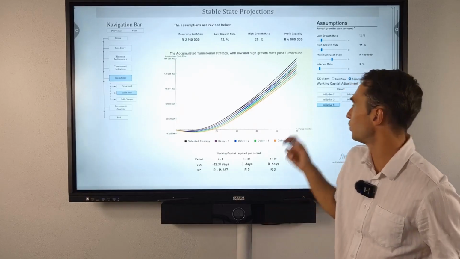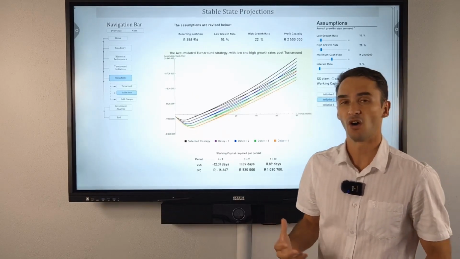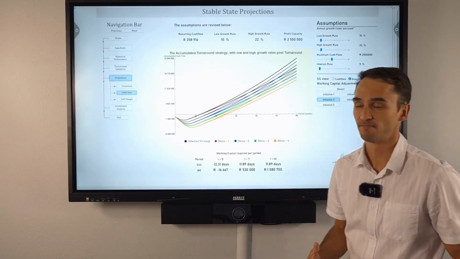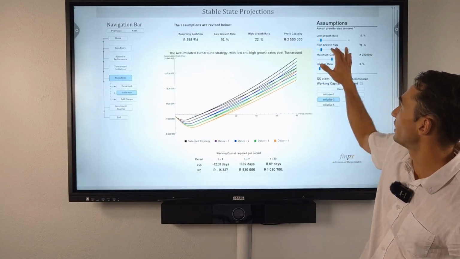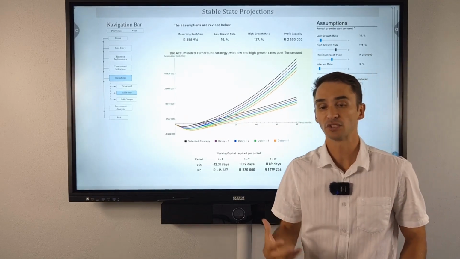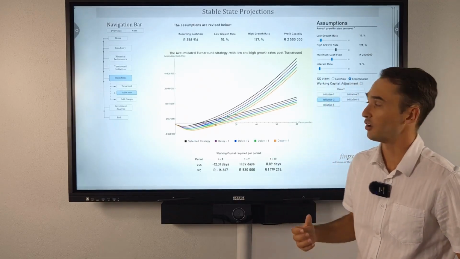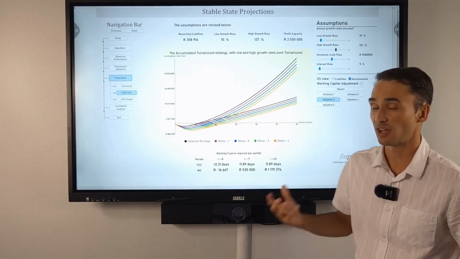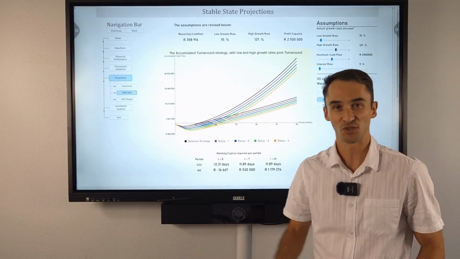From here, we project growth rates on what we call the stable state. A simple low and high growth rate is used as further multi-scenario assessment on the potential growth of the company following a successful turnaround.